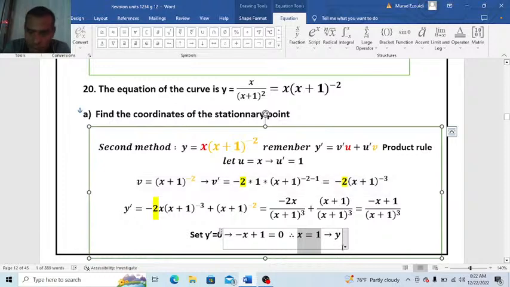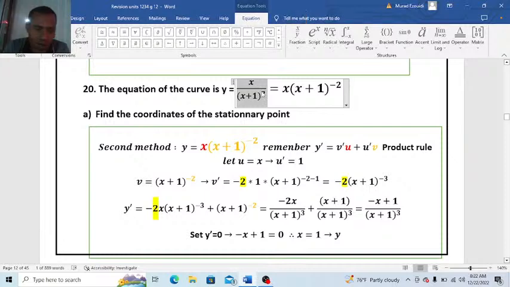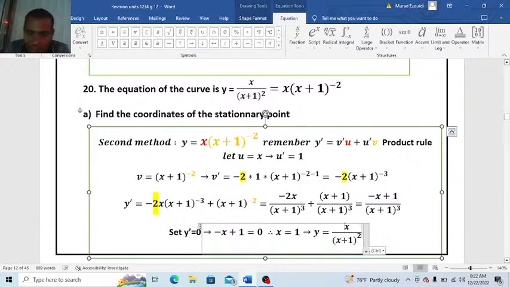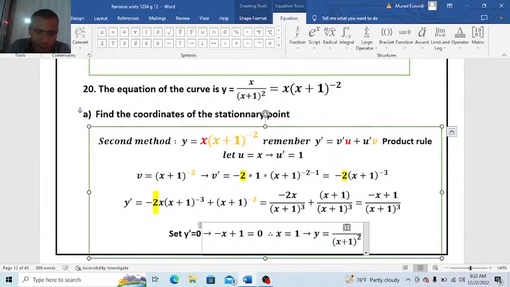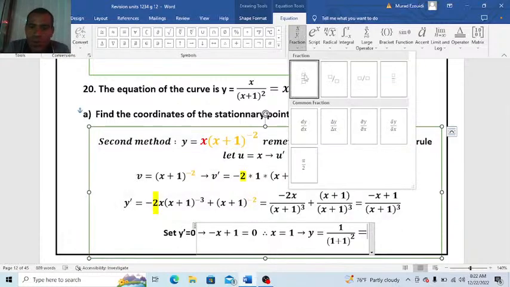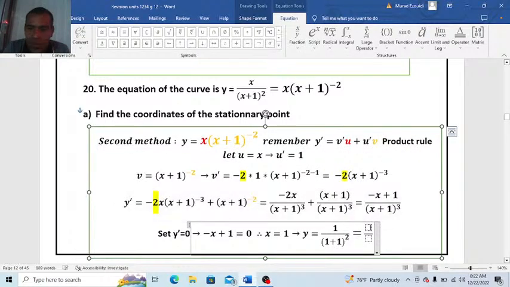You can use the quotient rule here or the product rule, you'll get the same answer. So y equals 1 divided by 4, because 1 plus 1 is 2, squared it will be 4, so 1 over 4.